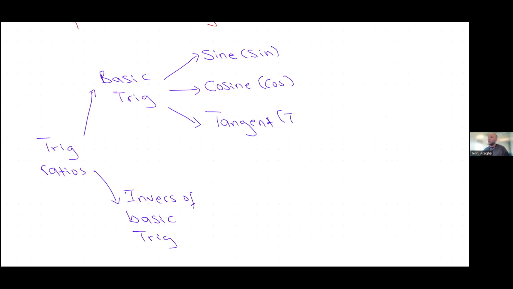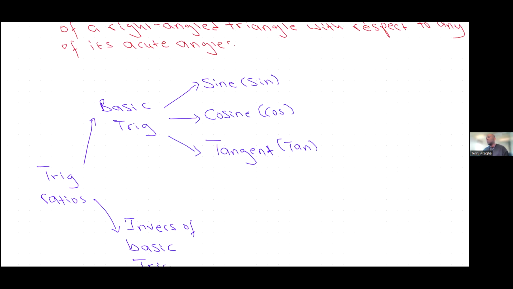Now, for the sine, the concept is usually written as opposite divided by the hypotenuse. The cosine is usually the adjacent divided by the hypotenuse.